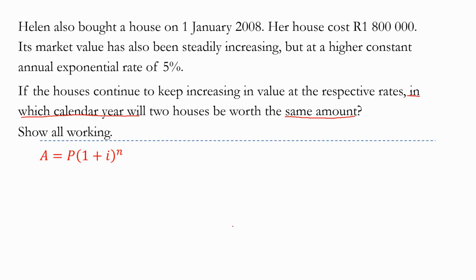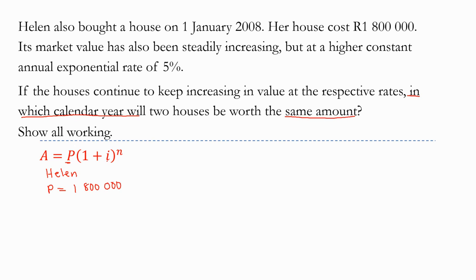Right, let's see. So we're still using the same formula, but now let's say for Helen. Okay, what is P? Because now P, that's the original price of the house. So P is equal to 1,800,000.